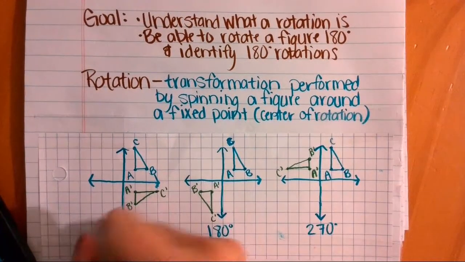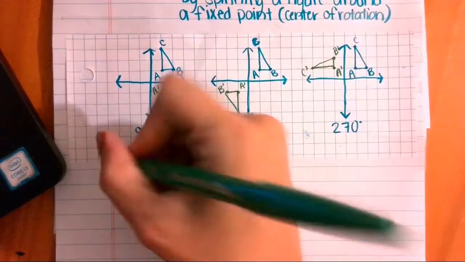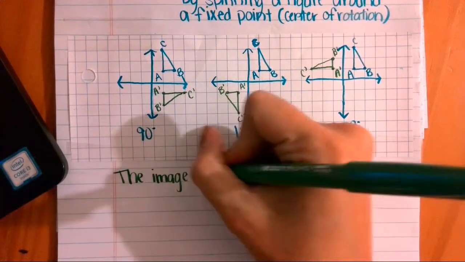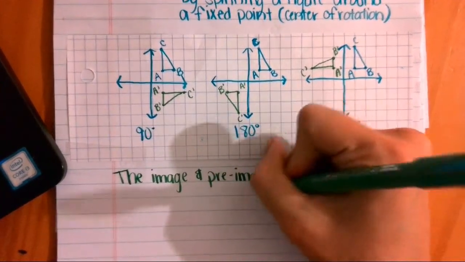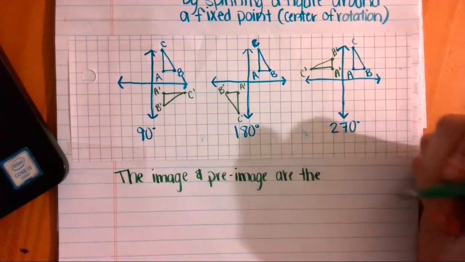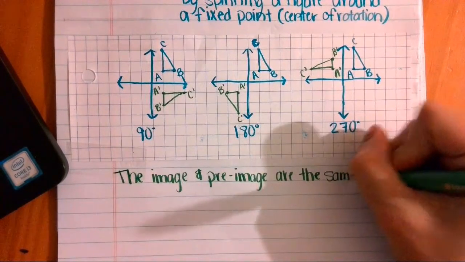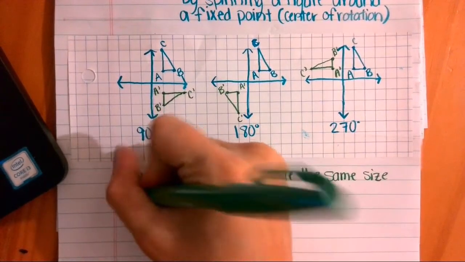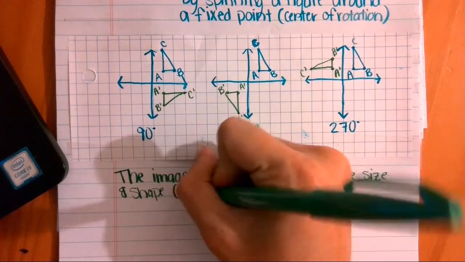We're going to say the image and pre-image are the same size and shape, and I'm going to put congruent in parentheses here, so we remember congruent, same size and shape.